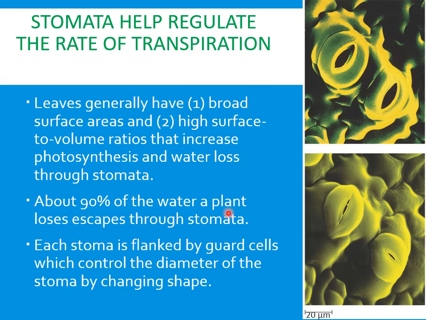Right, so 90% of water escapes through stomata, and each stoma is flanked by guard cells, and these guard cells can control the diameter of the stoma by changing shape. There are two ways of changing: one through a physical context, another through a chemical context.